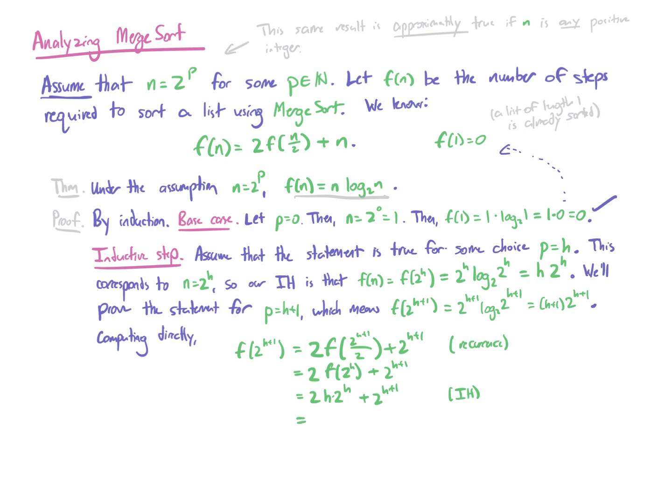So I'm going to take this 2 and put it inside here. So I'm going to get h times 2 to the power h plus 1. And then I have a copy of 2 to the power h plus 1 over here. And if I factor out 2 to the power h plus 1, I'm going to get h plus 1 quantity times 2 to the power h plus 1. And if we compare that to what I wanted to prove, indeed I have done so, and that means my inductive proof is complete.